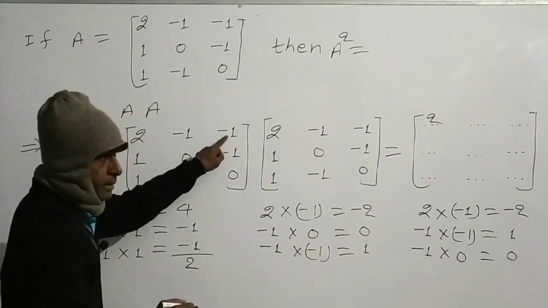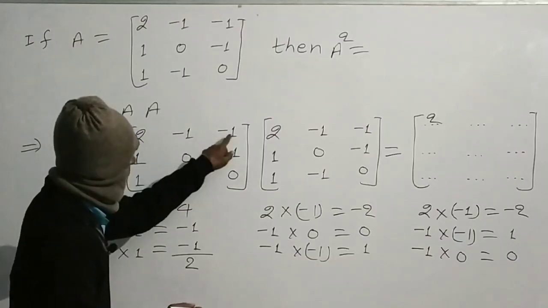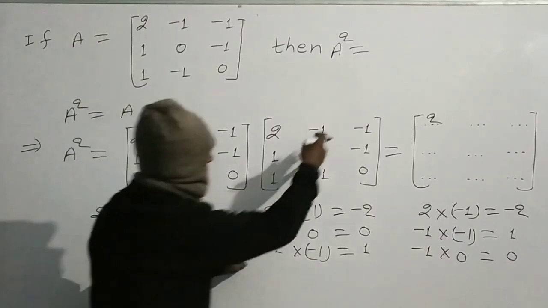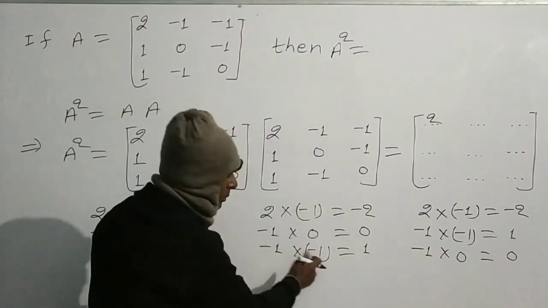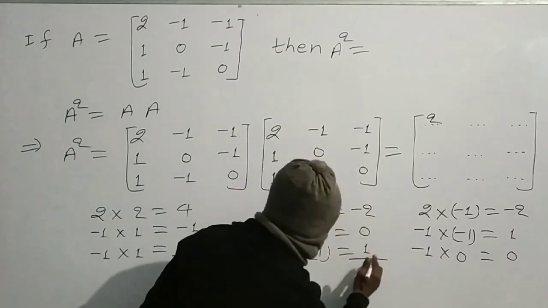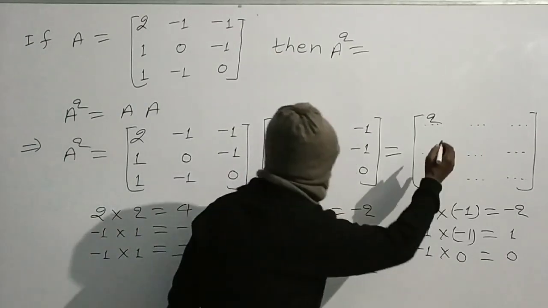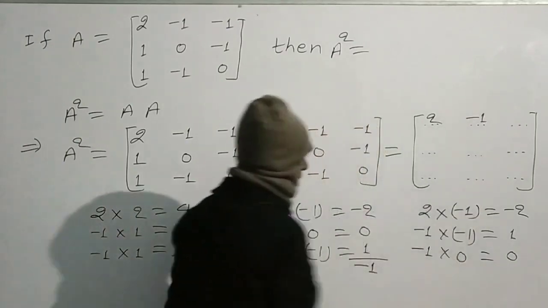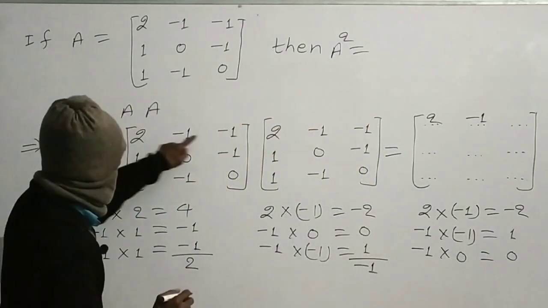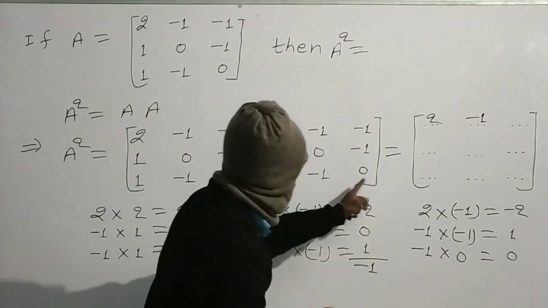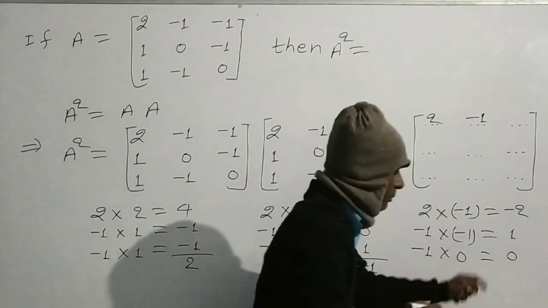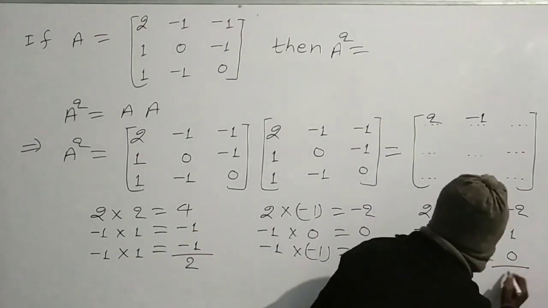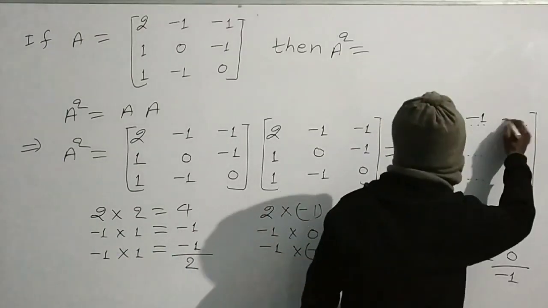Multiply elements of the first row with elements of the second column, add these three products and write here. Multiply elements of the first row with elements of the third column, add these three products and write here.